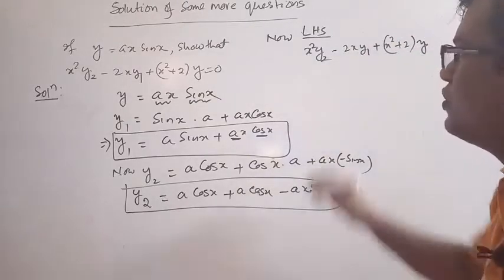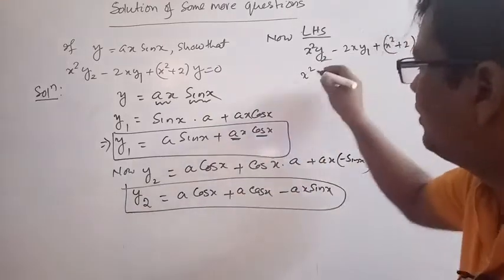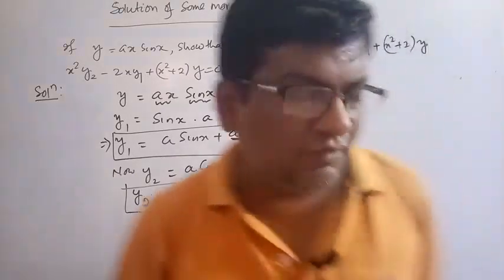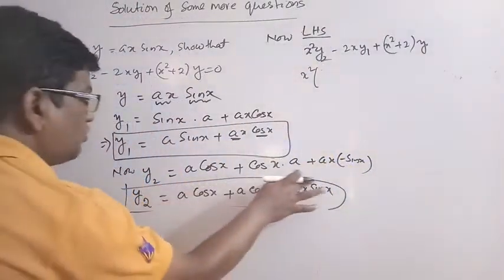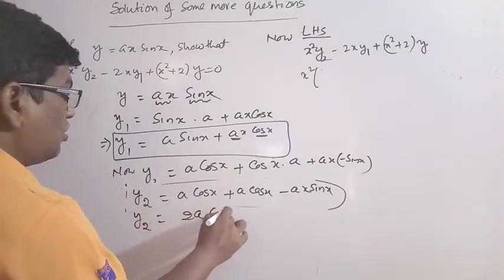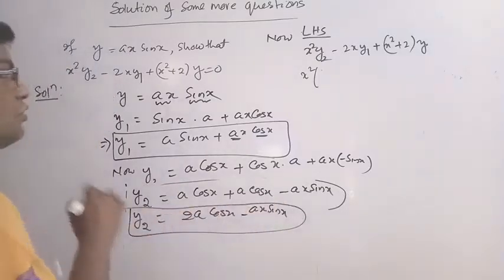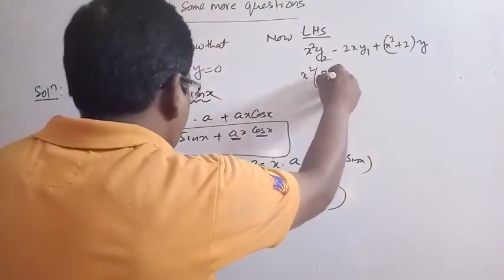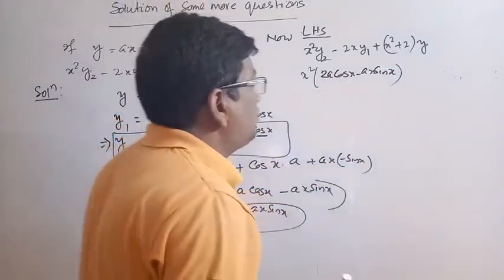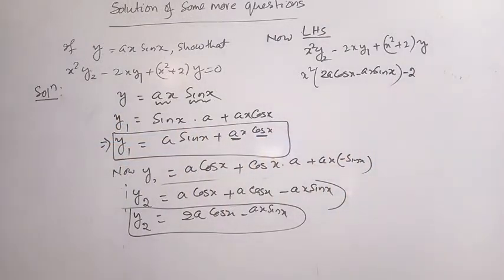So x square y2 means x square into this value of y2. Here y2 is equal to 2a cos x minus a x sin x. This is y2, correct? So x square into (2a cos x minus a x sin x), and now minus 2 into what is y1?